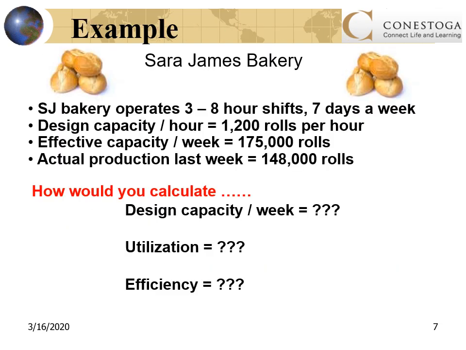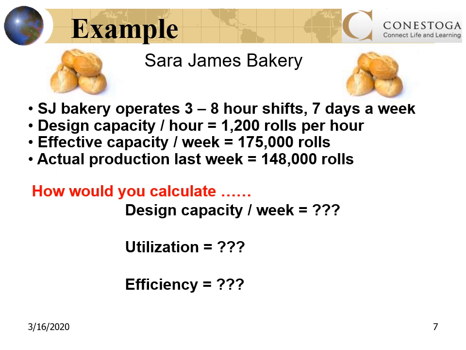So this is an example of Sarah Dames Bakery. In this particular bakery, the bakery operates for 3 different 8-hour shifts, 7 days a week. The design capacity is 1200 rolls per hour.